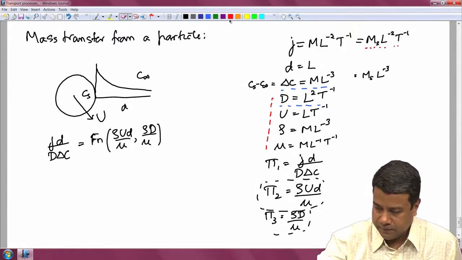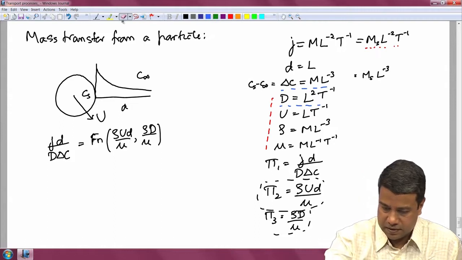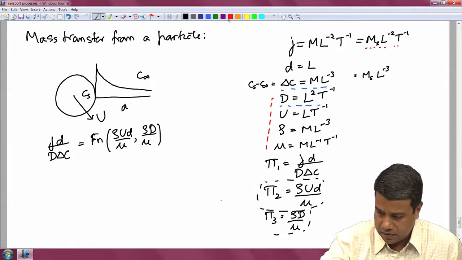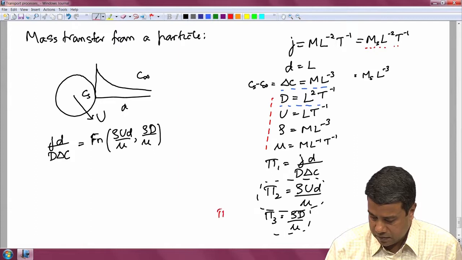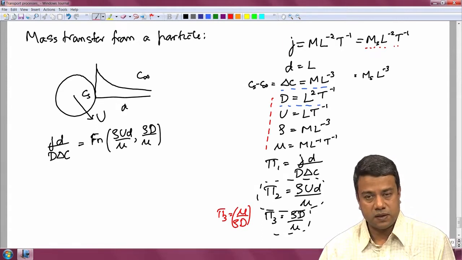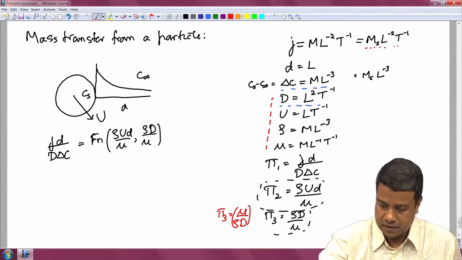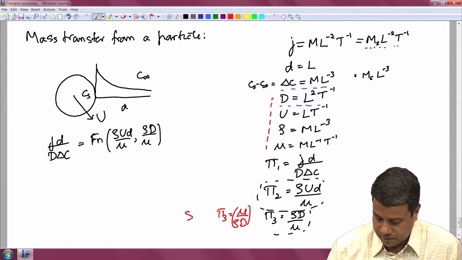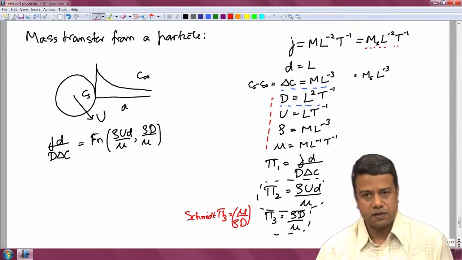Pi 3 is usually defined as mu by rho d. That is conventional, and this is what is called the Schmidt number.